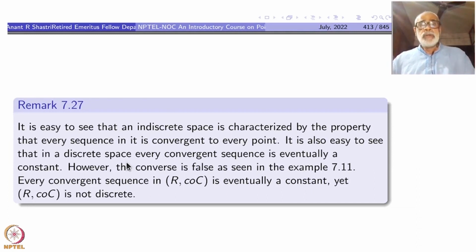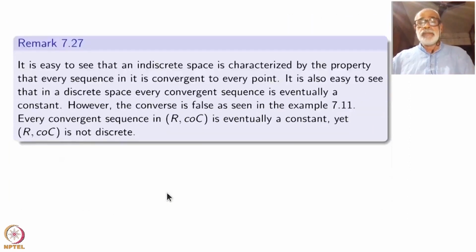However, the converse is false, as seen in the earlier example. We have seen that one, namely the uncountable set with the co-countable topology. Every convergent sequence in R with the co-countable topology is eventually constant, yet it is not discrete, right?